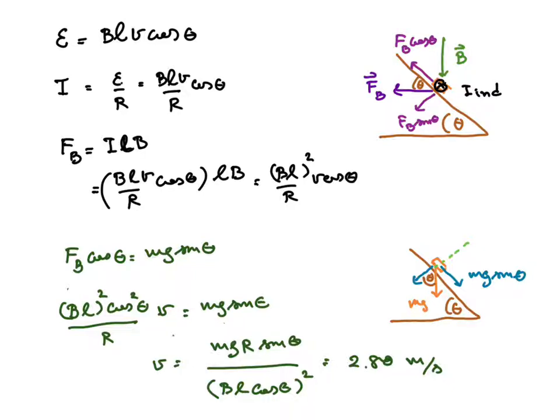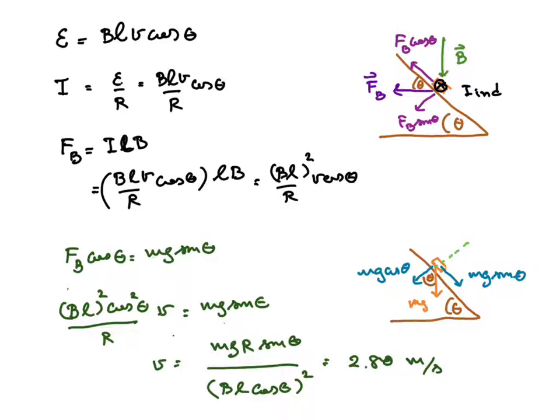If we look at this figure, this is the bar, and there is a gravitational force acting on the bar in this direction, which is mg. When we look at the components of mg parallel to the surface of the incline and perpendicular to it, we have mg sin theta here and mg cos theta here.